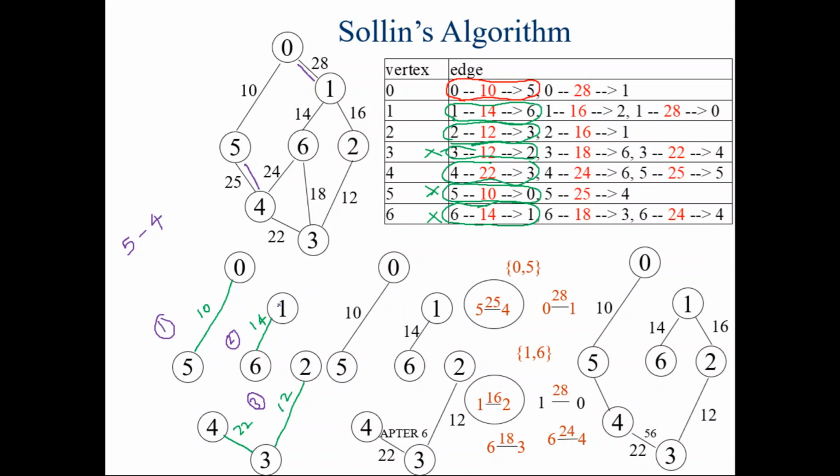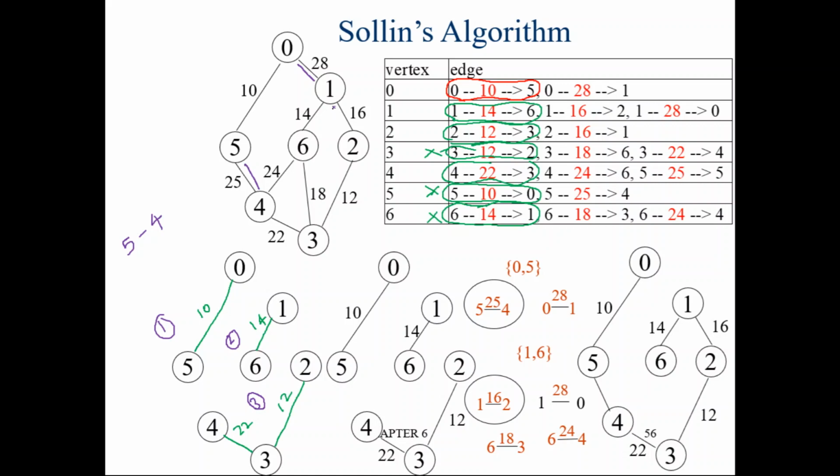Similarly do the same for the second component. How many vertices does the second component contain? 2 vertices. What are they? 1 and 6. Identify all the edges going from 1 which are not yet added to the tree. So 1 to 6 is added. 1 to 0 is not yet added, so this is one edge we have, 1 to 0 with a cost of 28.